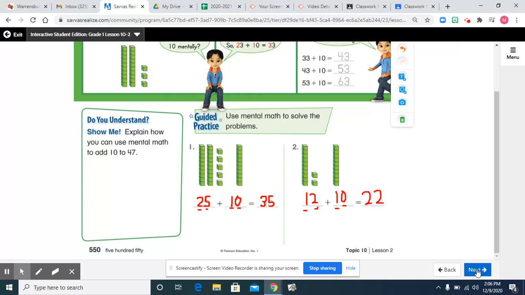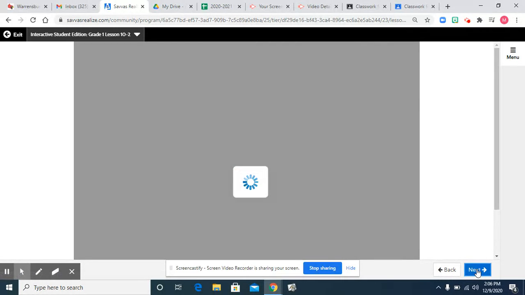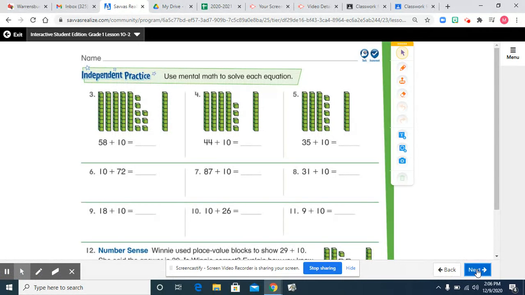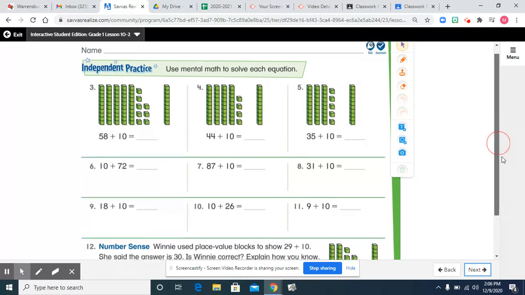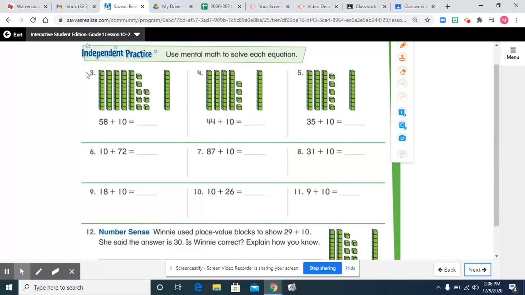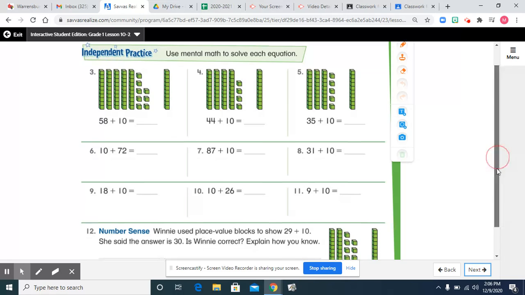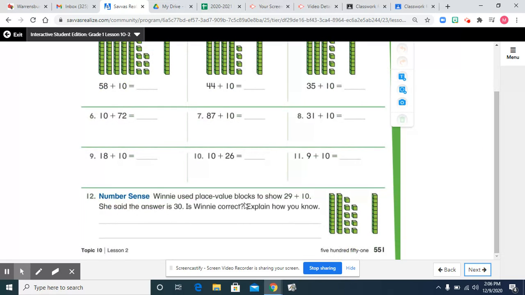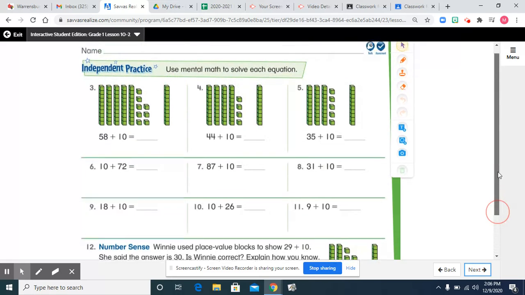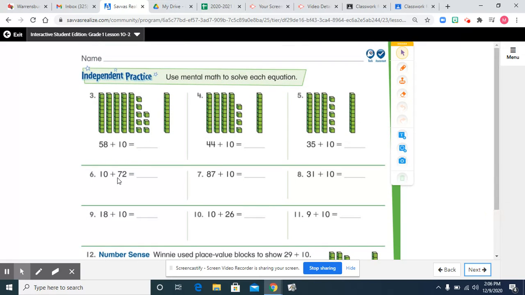All right, if you're done with that page, please look at the next page. Your homework is to do numbers 3, 4, 5, 6, 7, 8, 9, 10, and 11. And then the bottom part, number 12 here, is optional. If you'd like to do it, you can. If you do not want to, you do not have to. Now, when you get down to these problems that don't have the cubes shown, you can use your cubes if you have enough.